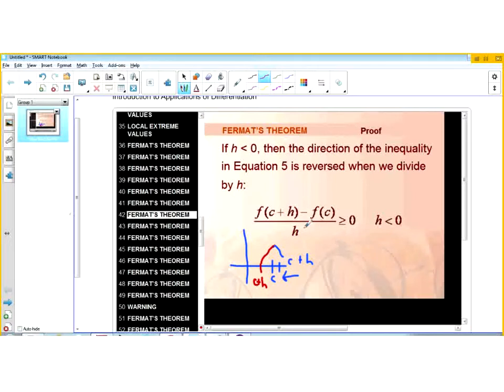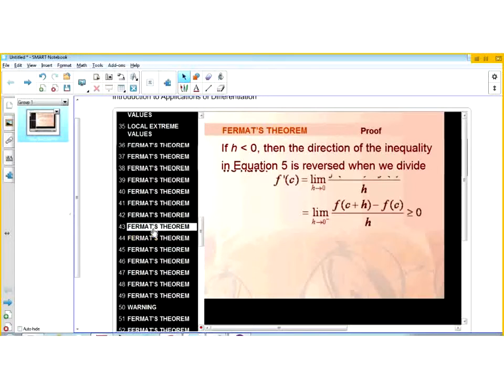And in this case, since h is less than 0, f of c plus h, of course, is less than f of c. So we have a negative over a negative, and these two quantities are not 0, and so it stands to reason that this rational function will be greater than 0. Okay, so that's what's going on here. Moving on.